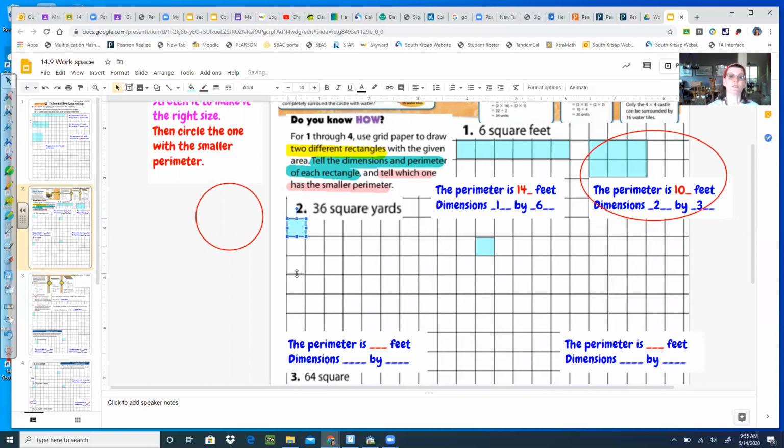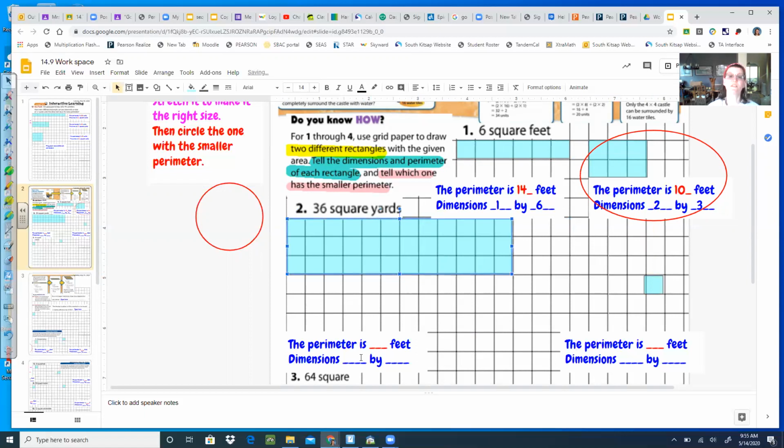So let me slide this guy over. Let's go 3 this direction. 2, 3, 4, 5, 6, 7, 8, 9, 10. Okay, that was 10. I gotta move this guy. 11, 12.